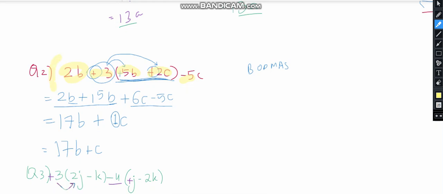So 2b remains the same here. This 3 is being multiplied with both of the terms inside, 5b and 2c. So 3 fives are 15b. 3 fives are 15 and b remains the same.